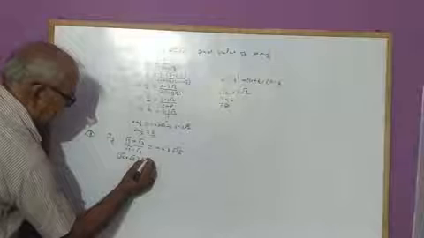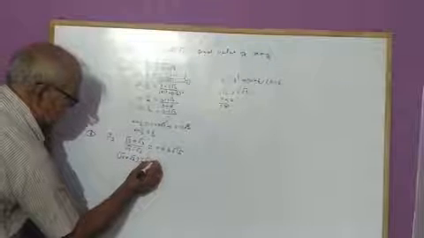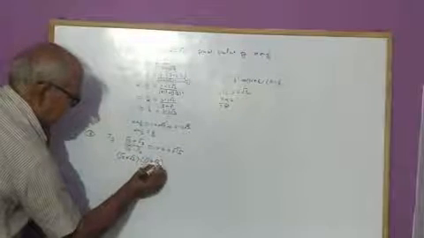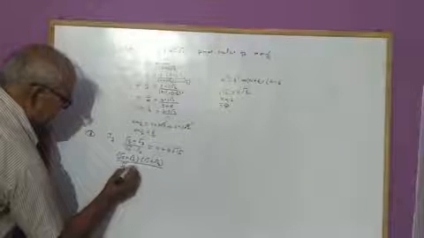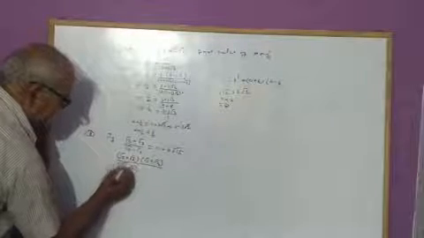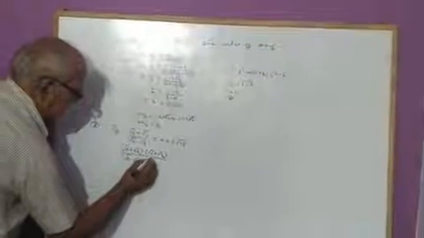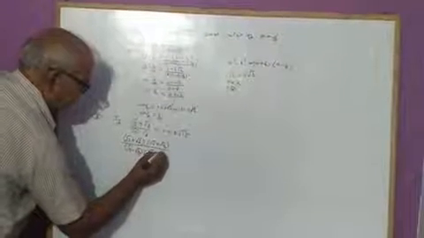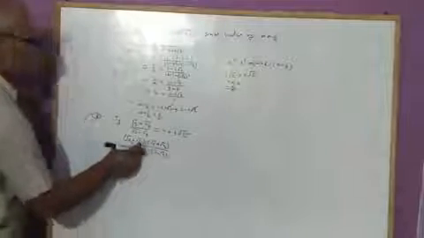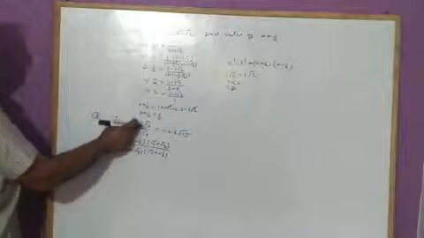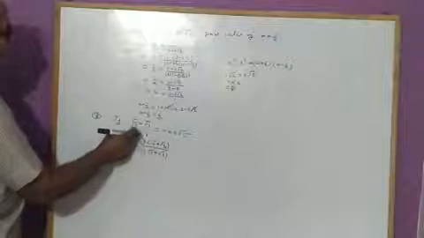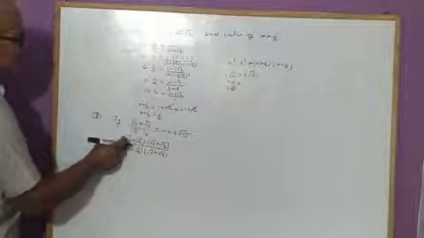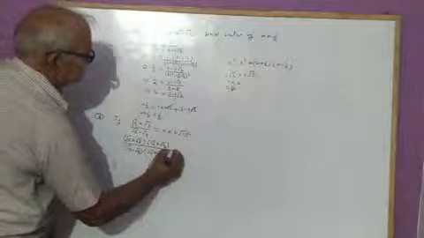So root 5 plus root 3 upon root 5 minus root 3 is your question, and multiply by root 5 plus root 3 upon root 5 plus root 3. There is no change of value.